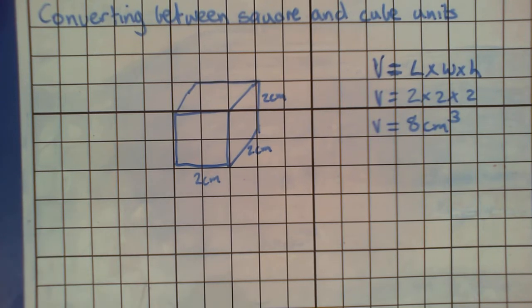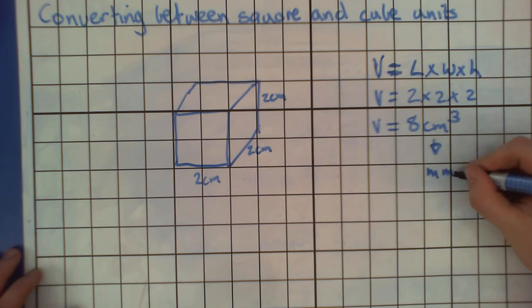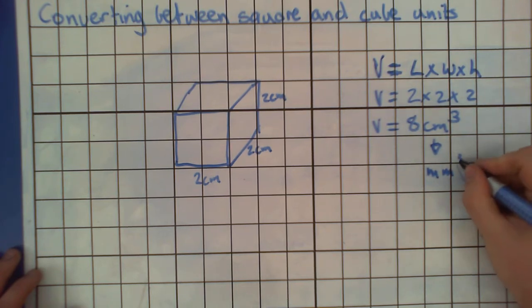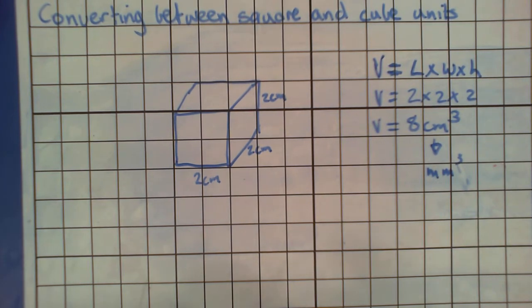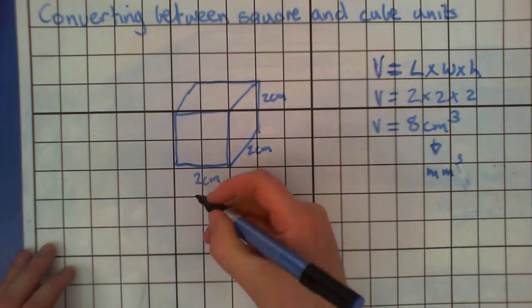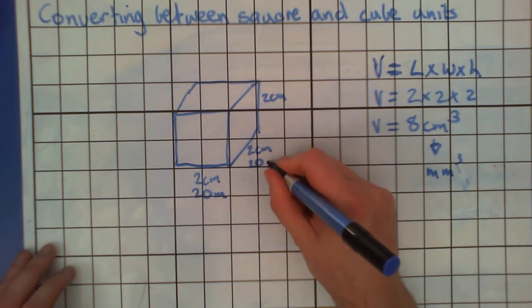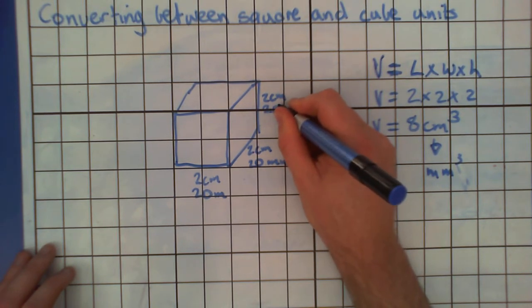Now we go, oh, I want to convert that to millimeters cubed. Again, think, how many sides do I have? I need to convert this side that's 2 centimeters into 20 millimeters, 20 millimeters, 20 millimeters.